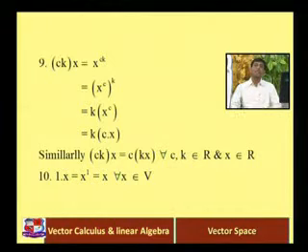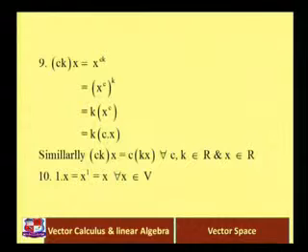Now x raised to c into k can be written as (x raised to c) raised to k, but that can be written as k into (x raised to c), and that is equal to k into (c into x), okay. So the associative law for scalar multiplication is also proved, and similarly we can prove that (c into k) into x is equal to c into (k into x), okay.